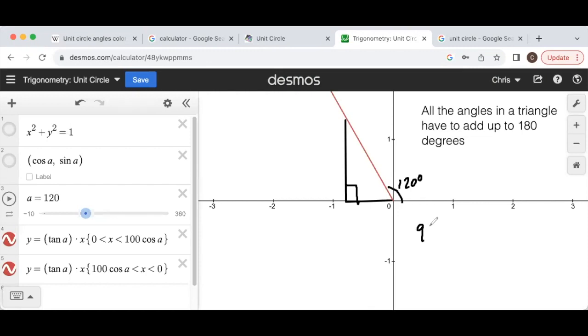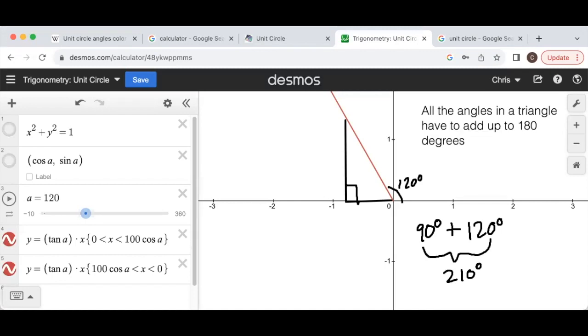Well, we have a 90-degree angle because it's a right triangle. And then we want this 120-degree angle to be in there. Okay, so these two angles here, how much do these measure in total? 210 degrees. That's more than 180 degrees. We have exceeded the number of degrees that we are allowed in a triangle. So yeah, this triangle is definitely impossible to create.